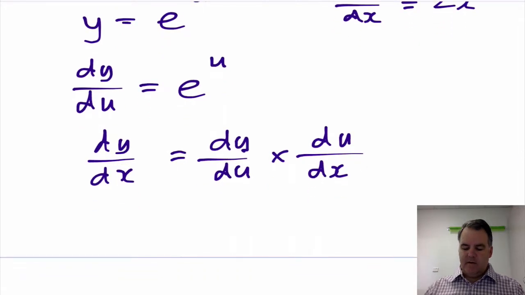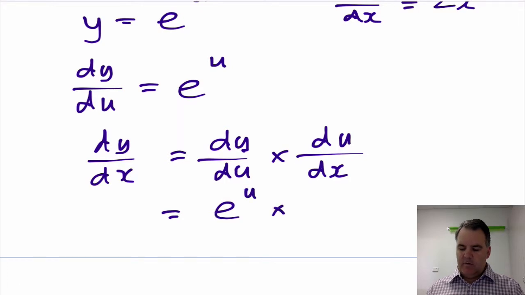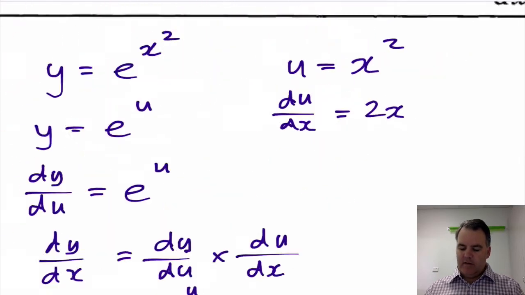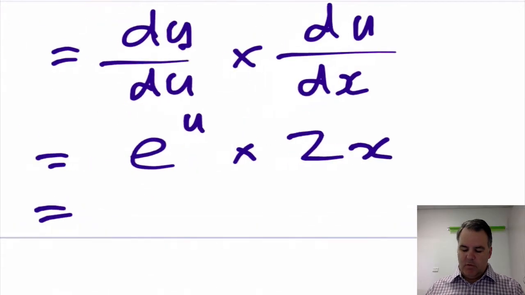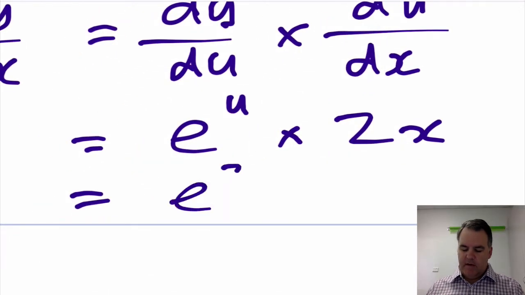And you can see how those derivatives, behaving like fractions, could cancel, and we end up with dy dx there. I'm not going to do any cancelling like that, of course. So dy du is e to the power of u, and du dx we found up here was 2x. So remembering, of course, that u was x squared, we get e to the x squared times 2x.